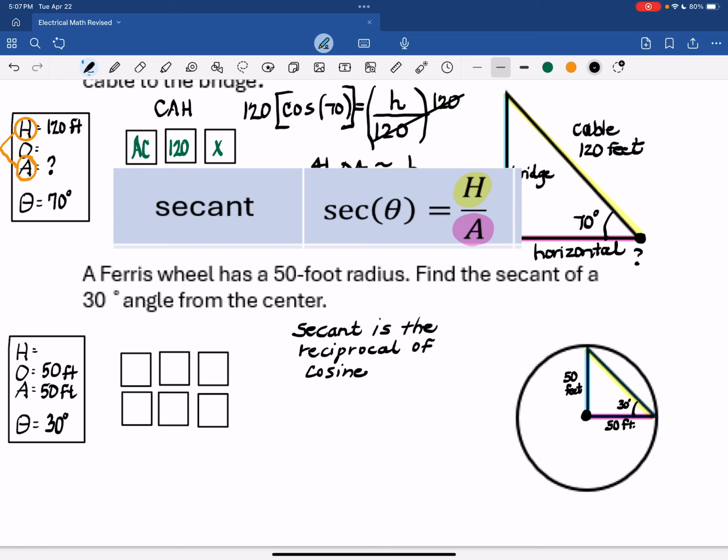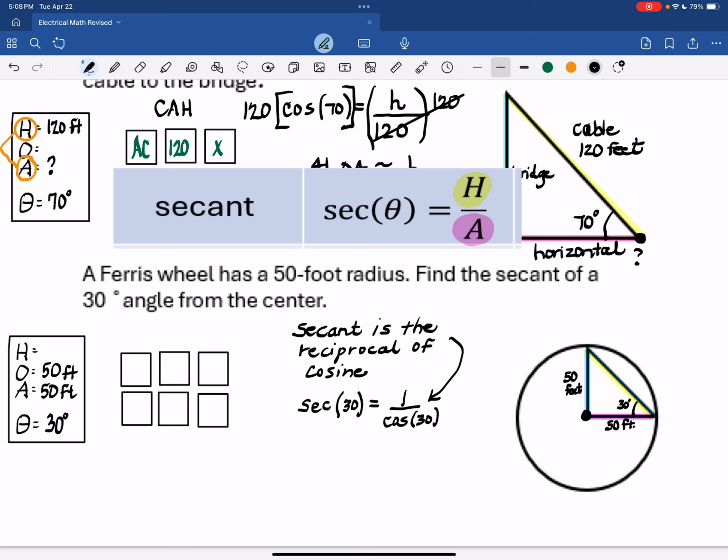I'm going to say that the secant of theta is equal to 1 over the cosine of theta. That's the reciprocal part. So the secant of theta, which is what we're looking for, is the same thing as 1 over the cosine of theta, and theta is 30 degrees.